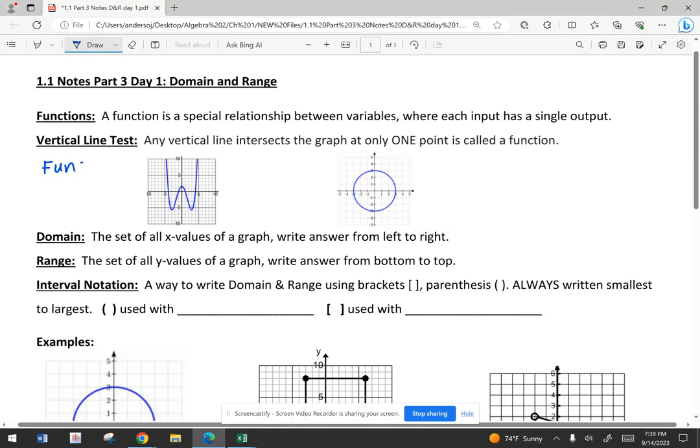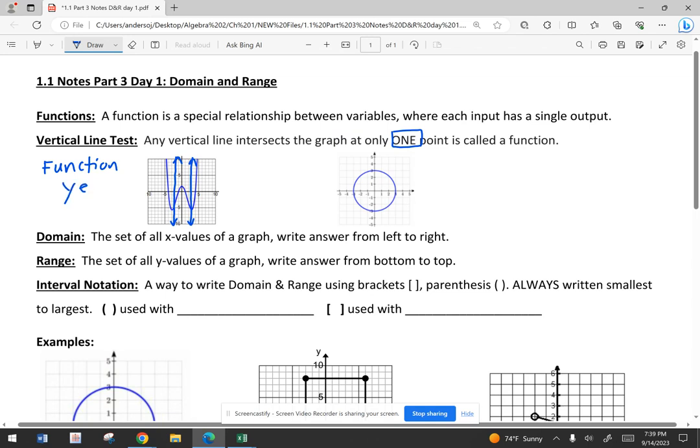What you're going to do is simply draw a vertical line through the graph. You can draw it anywhere in that particular coordinate plane. We want it to only hit the graph one time. If it hits the graph more than one time, it is not a function.